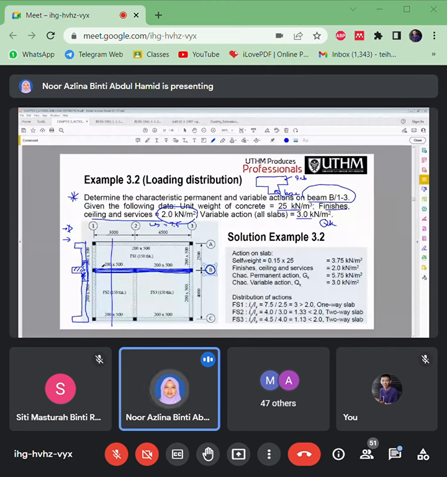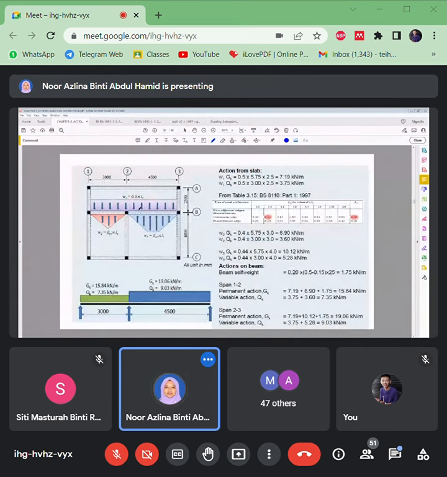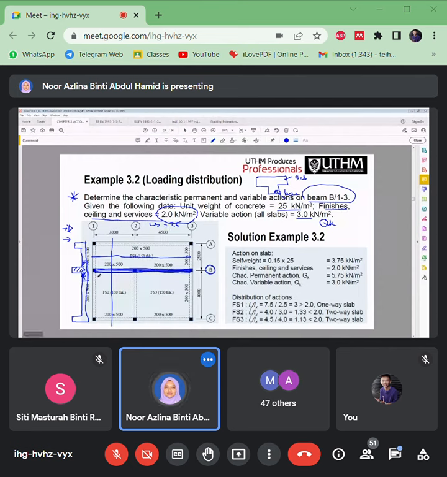Kalau dah terror, dah expert, tengok je dah tahu, oh this is one way. Okay, so whether one way or two way, this will be its distribution here. Ini distributionsnya, you boleh try calculate. Okay, how it distributes. This is 4.5, this is 4, right? So that's why there's a line here, making the triangles here.